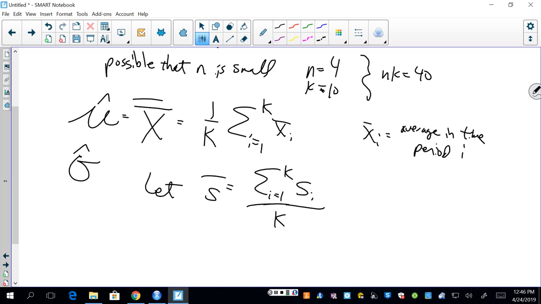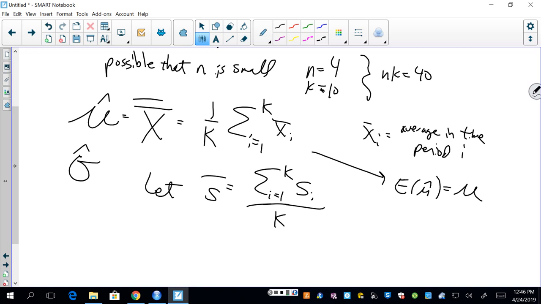Now the expectation of x double bar will be mu. But the average of S bar is not actually sigma. The traditional S squared is an unbiased estimate of the variance. So if you're trying to estimate S squared, you could do that. So this is one option that they could present.